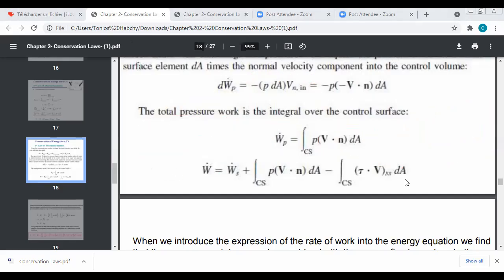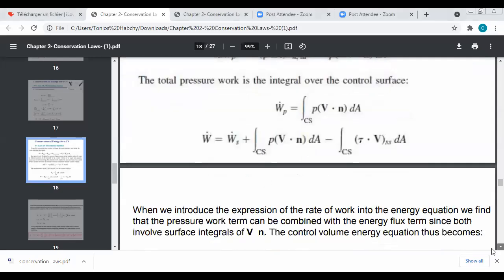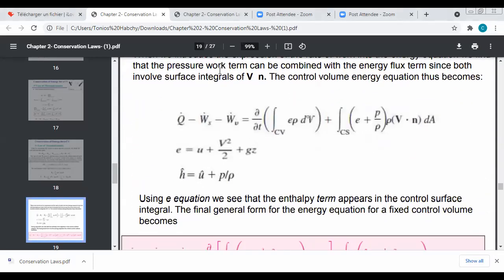So going back to my expression, before taking it to the other side, we had minus W dot P. Now when you take it to the other side of the equation, it becomes plus W dot P. Then if you take into factor V dot N dA, you will obtain rho E plus P. Here I have taken rho into factor.